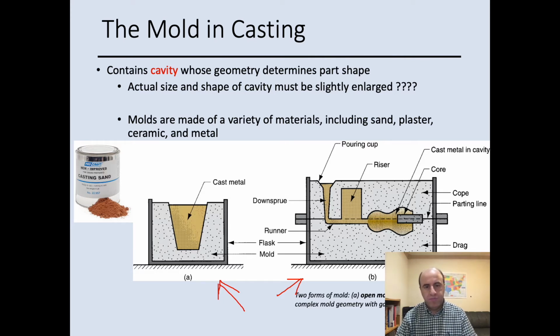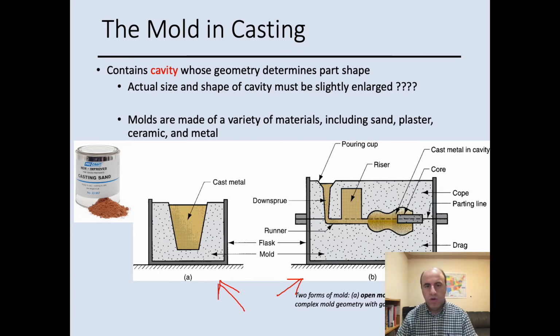The reason is that metal will shrink, right? So when they are in the liquid form, in the molten state, they are larger in size. Then when they cool down to room temperature, we have contraction, and this has to be taken into account, so that when the part is solidified, it has the desired size and features.